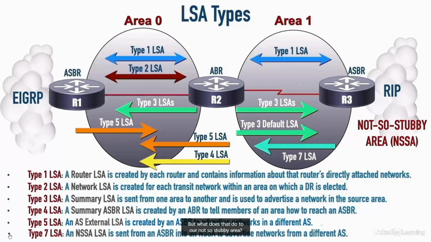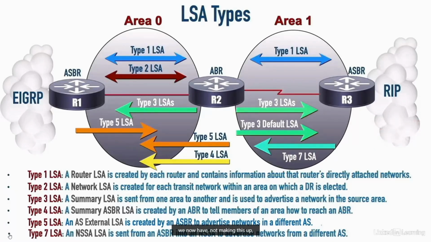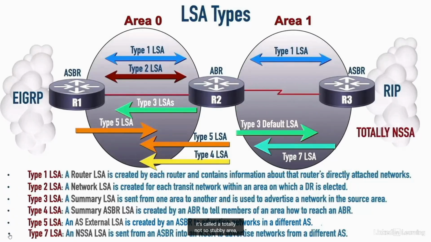But what does that do to our not so stubby area? Well, if we combine our individual type 3 LSAs into that single type 3 default LSA going into Area 1, we now have, not making this up, it's called a totally not so stubby area, a totally NSSA. And that's a look at the different LSA types you might see in an IPv4 network.